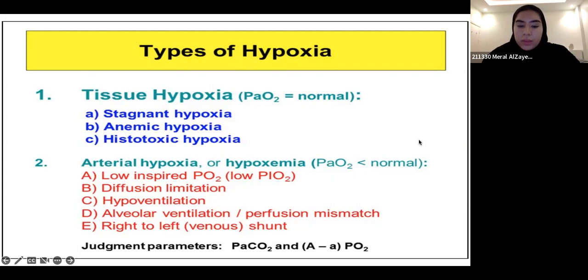Okay, so for diffusion limitation. Another reason is the diffusion limitation, okay? First let's discuss what pulmonary diffusion is. Does anyone know? You guys can type it in the chat.